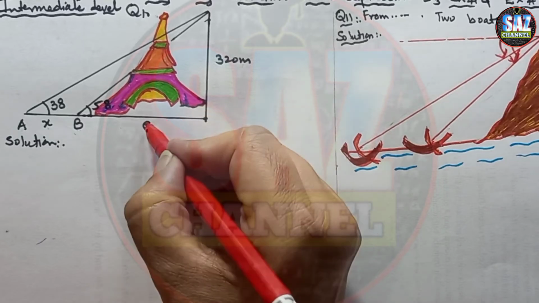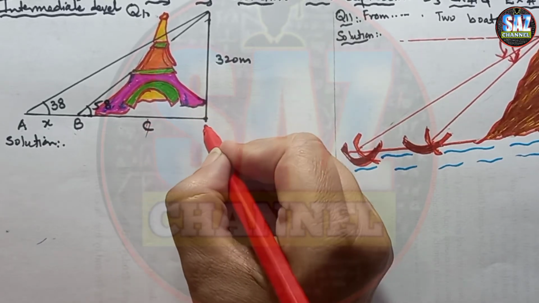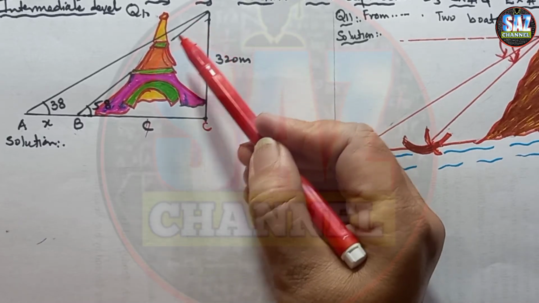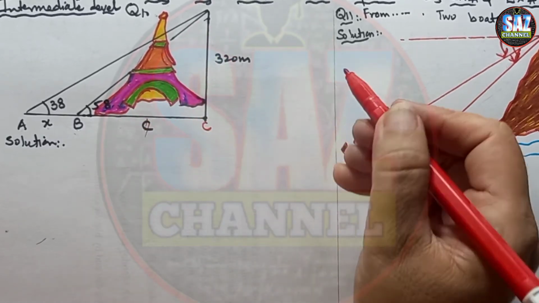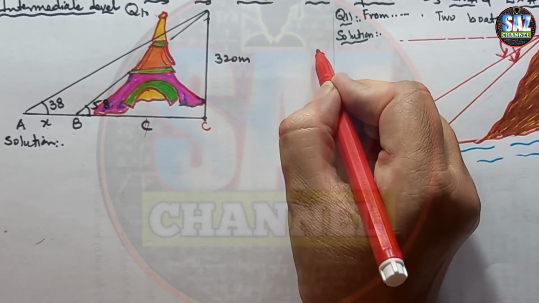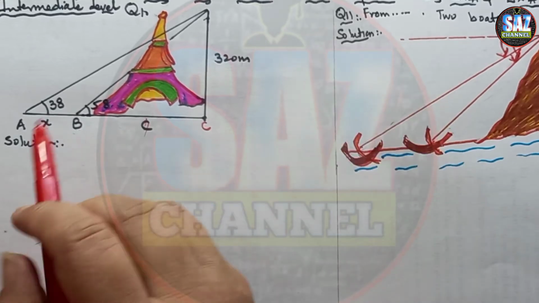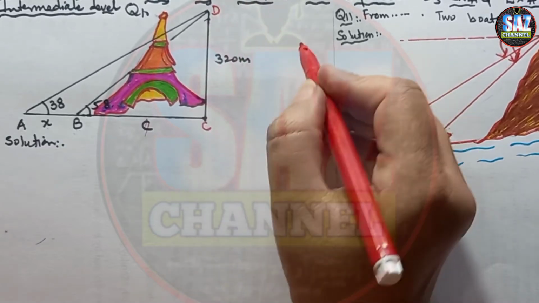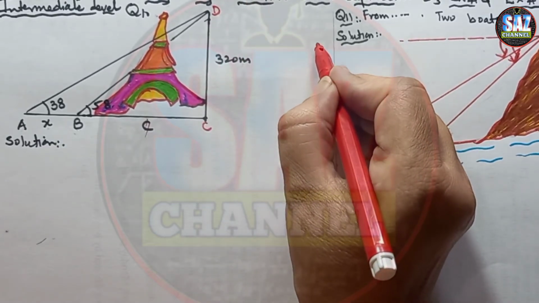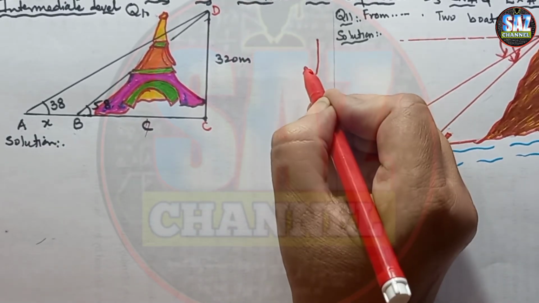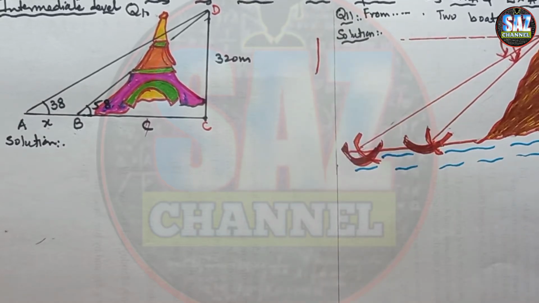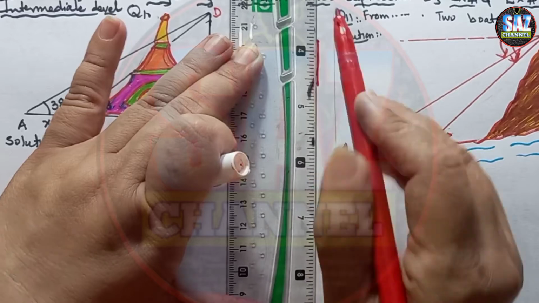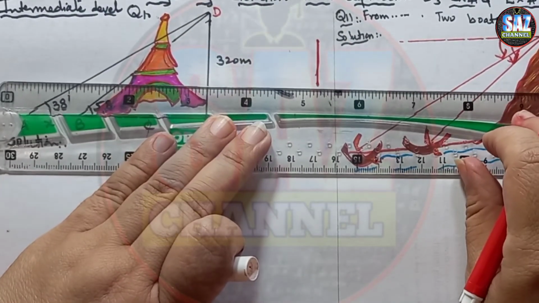Okay, and the position of C is given at this point, but let me mark it over here. If we observe the diagram, we can see that there are two right triangles. One is A, B and C, and let it be D. One is the outer big triangle, and let me use a ruler so that my students should also present the work in an orderly and neat manner.